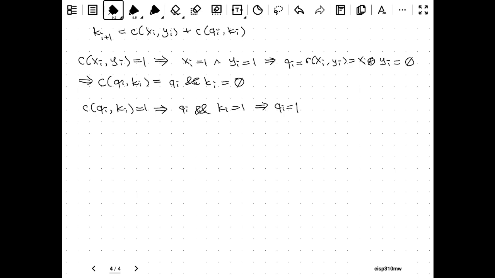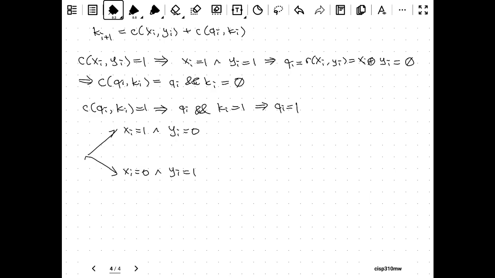But I think this works, right? C of QIKI is a conjunction like this, but because this is a 1, this also has to be a 1. In order for the result of a conjunction to be a 1, each side also has to be a 1, which concludes that Q of I has to be a 1. Now we can go back to the divergence. So now we have two ways to make Q of I 1. One is xi is a 1 and yi is a 0, and the other one is xi is a 0 and yi is a 1.